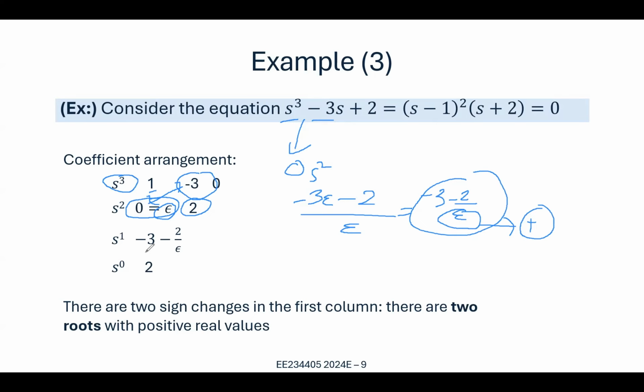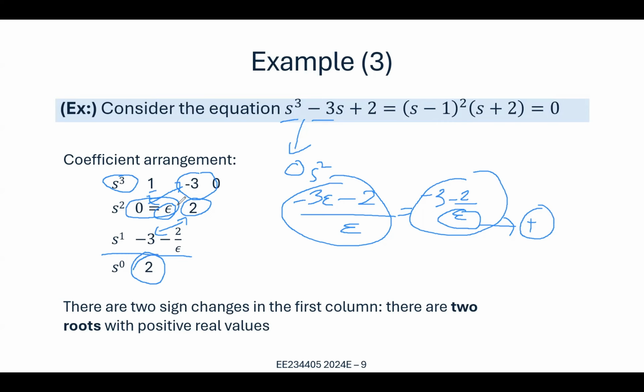In terms of stability, I think we can stop here, and we know that there is a pole with positive real value. But if we want to continue, of course, we can do further. We multiply this minus 3 minus 2 per epsilon by 2, and we divide this directly with this again, so it's 2.